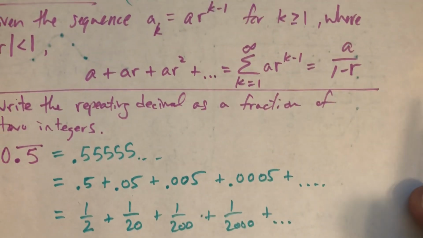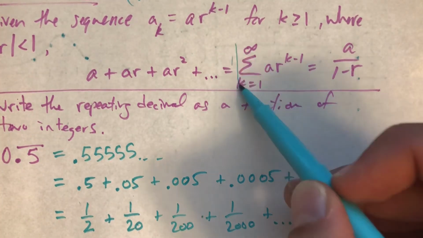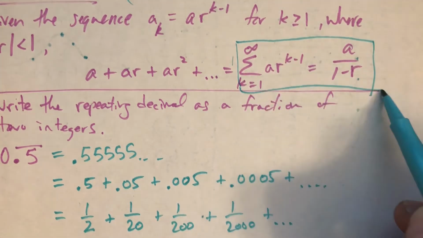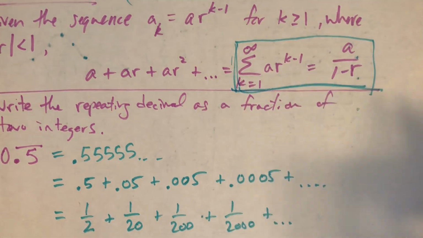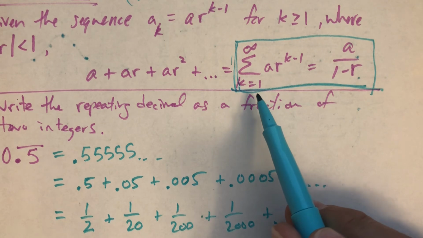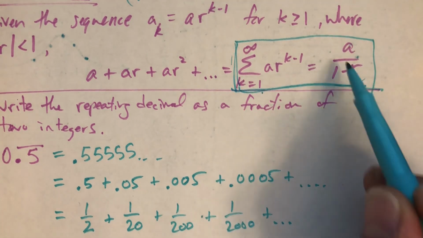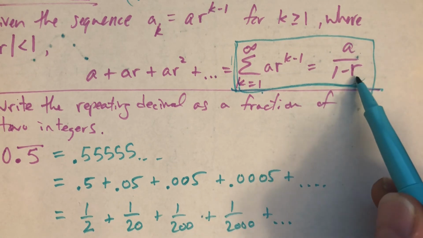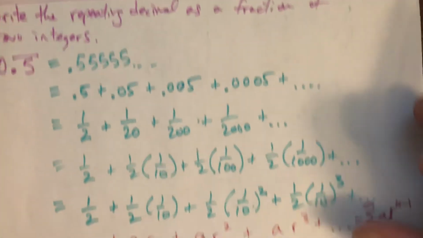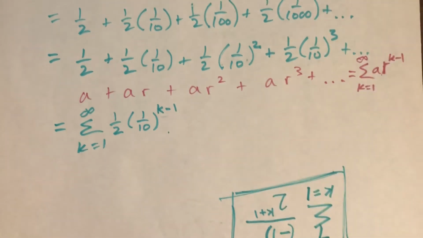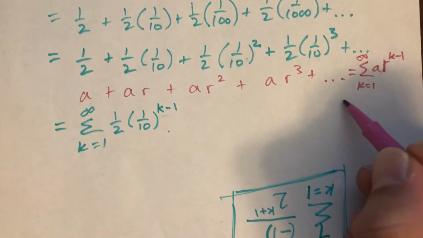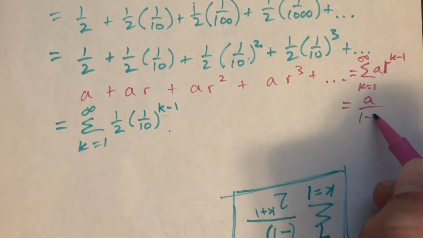What the theorem tells us is that if we have a geometric series, like we just showed, we can find the sum by plugging in our a value and our r value. I'm just going to rewrite this: that's a over 1 minus r.